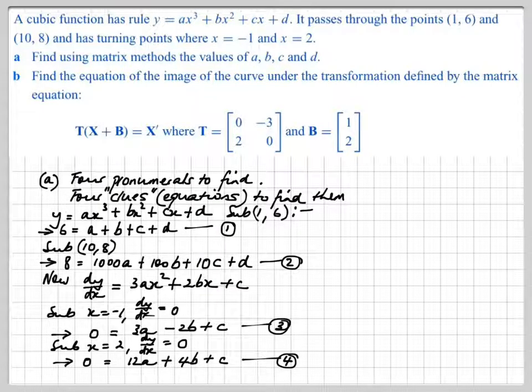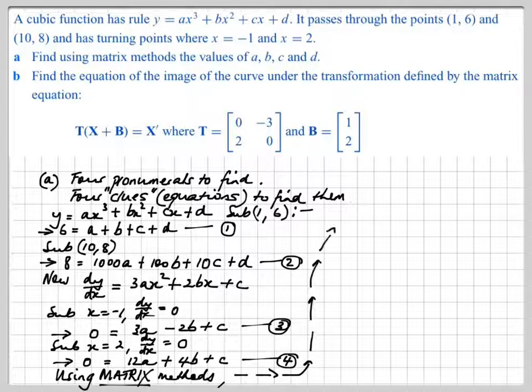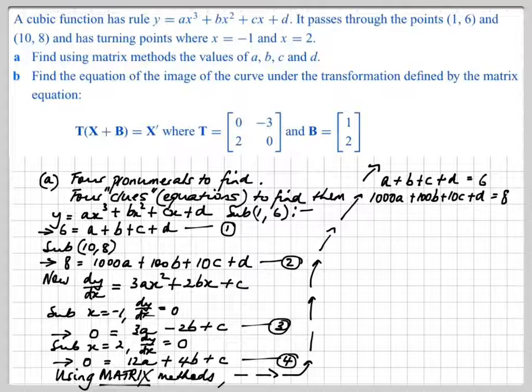No problem. Now we've got 4 equations, guys. Now, look, I'm going to rewrite them all out again so that I'll know how to construct a matrix out of this thing. Now, there's number 1. Here comes number 2. And here comes number 3, and here comes number 4.